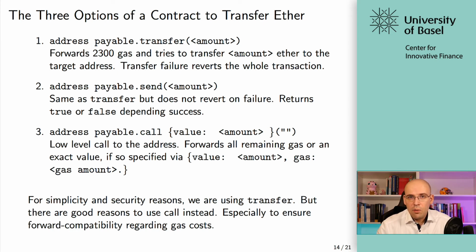And if you want to have forward compatibility, so if you want to be in a situation where you can, let's say, do something else when you're transferring the money, when it's going to a smart contract, for example, then there are good reasons to use call instead. In this case, we don't need that. In this case, we're simply going with transfer. It's perfectly sufficient for our case.